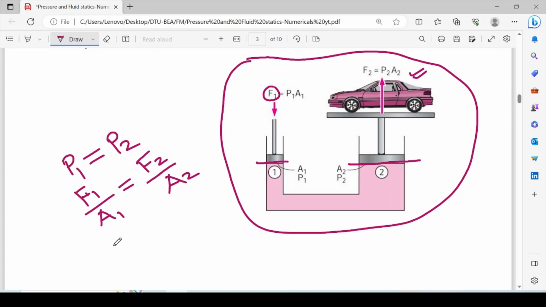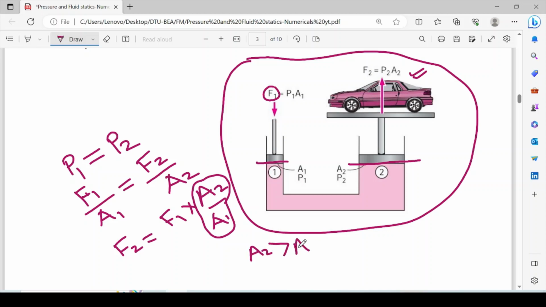That means force F2 is F1 into A2 by A1. That means just by increasing the area ratio, we can lift a very large weight by using a smaller force. That is the application of Pascal's law for lifting a large weight of a vehicle.